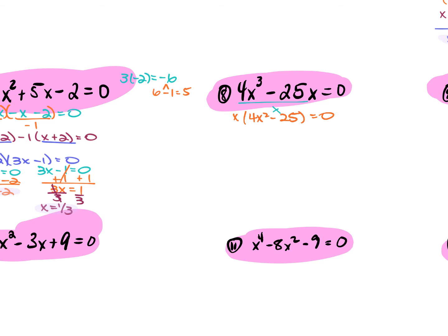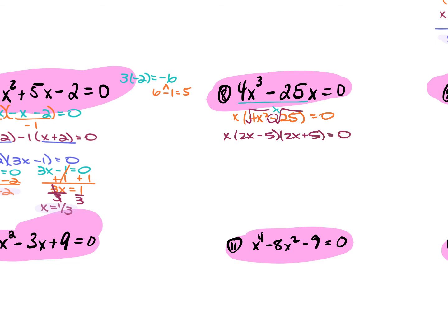Can you take the square root of the first term? Yeah. Can you take the square root of the second term? Yes. Are they separated by subtraction? Yes. So this is the difference of squares. Okay. So this factors out to be x times 2x minus 5 times 2x plus 5 is equal to 0.